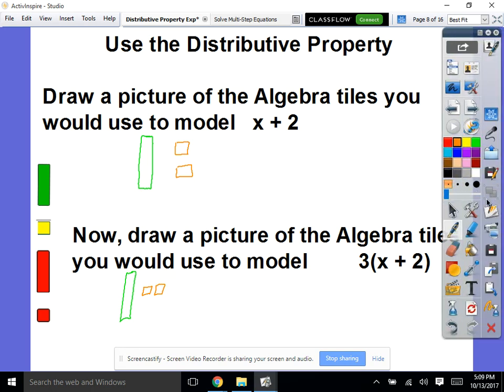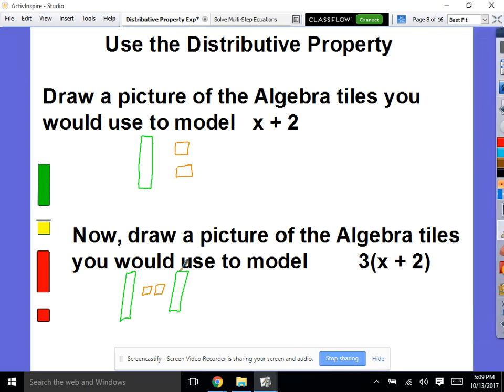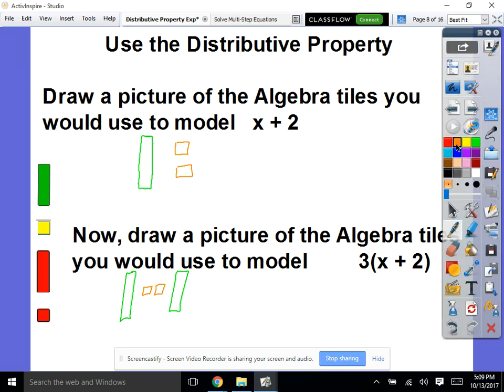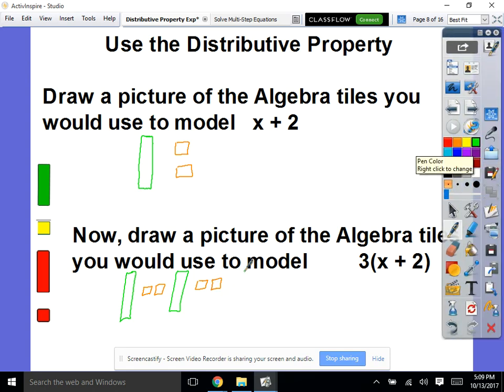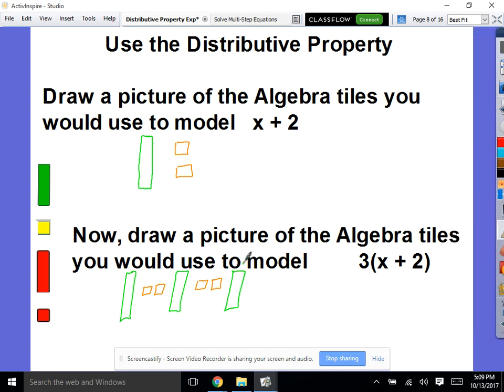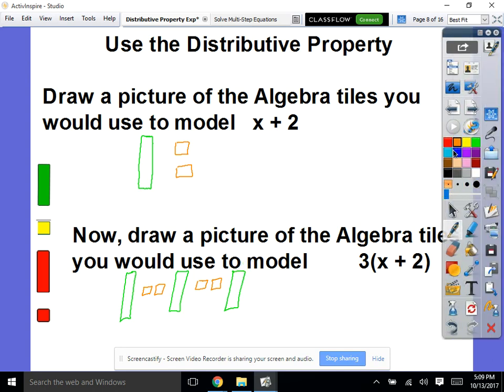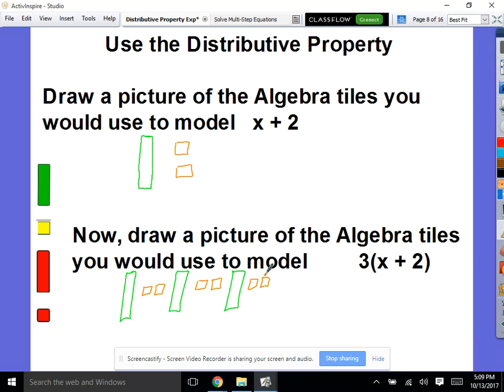There's one set of x plus 2. Here's another set of x plus 2. And then we have a final, or a third, set of x plus 2.